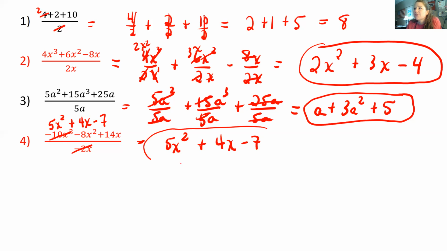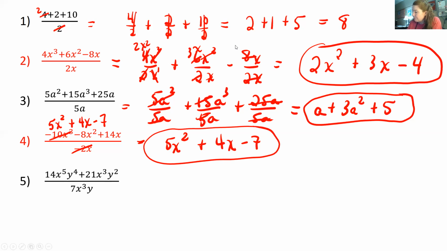And that's our final answer. And number 5 would be 2x to the second power and then y to the third. And then we have 21 divided by 7 is 3. The x's cancel and we have a single y left.